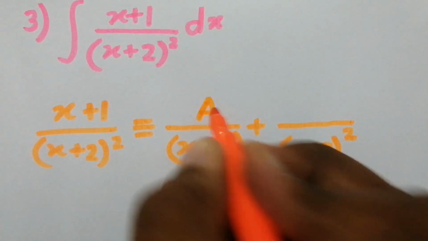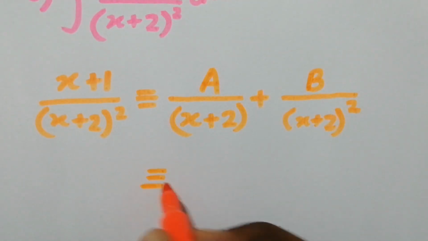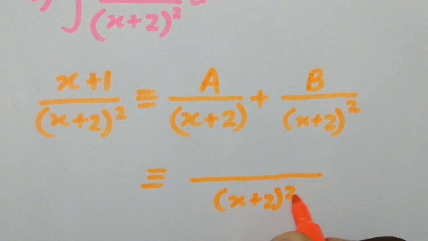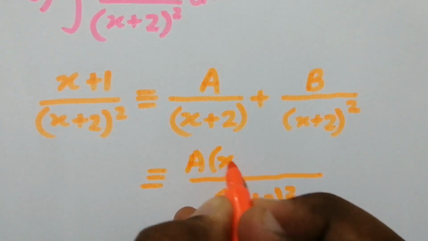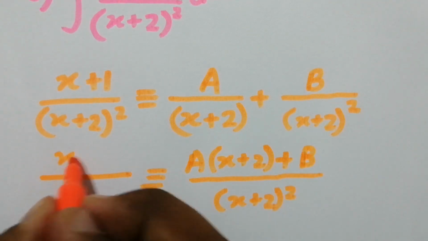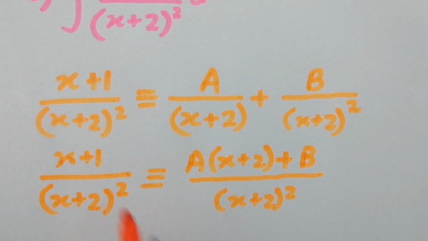Then here at the numerator it will be A and B. Then by taking the common denominator (x plus 2) whole squared, I have A times (x plus 2) plus B. The other side I have x plus 1 upon (x plus 2) whole squared.